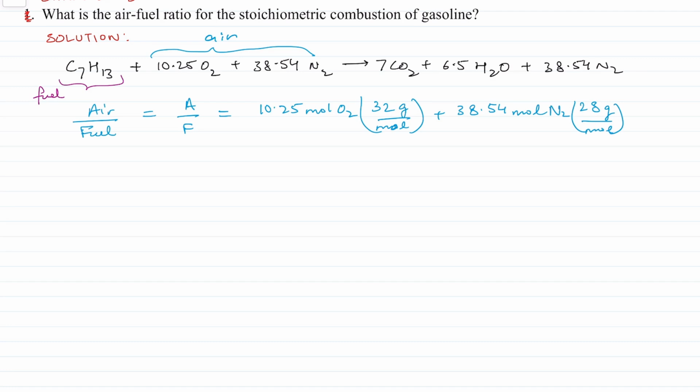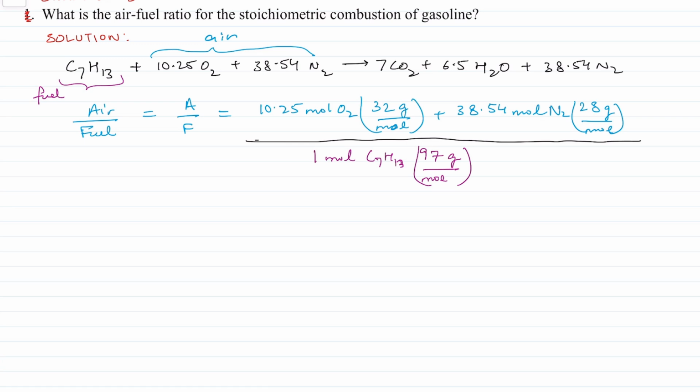And then we divide by the fuel. We have 1 mole of C7H13, and if you calculate the molecular weight, it's 97 grams per mole.